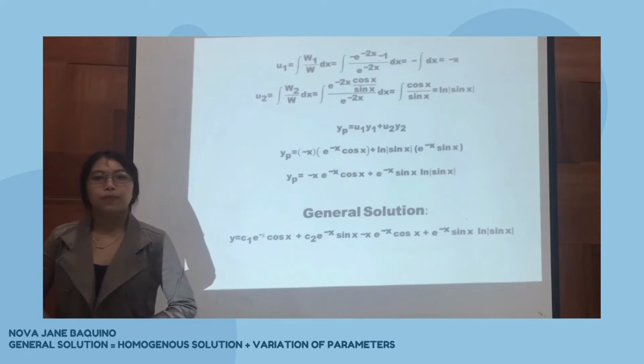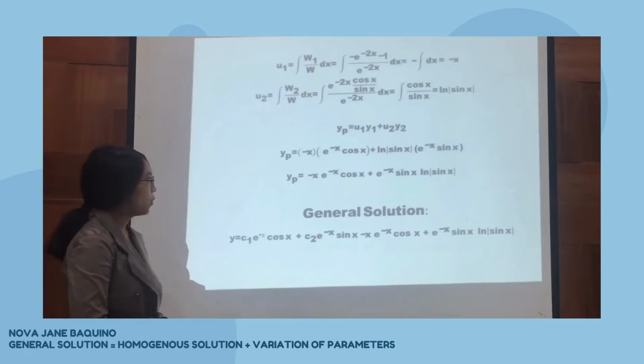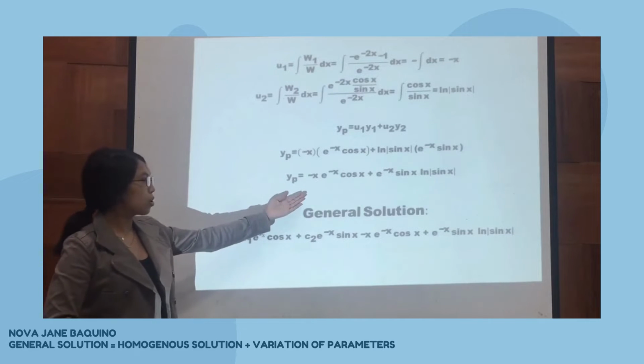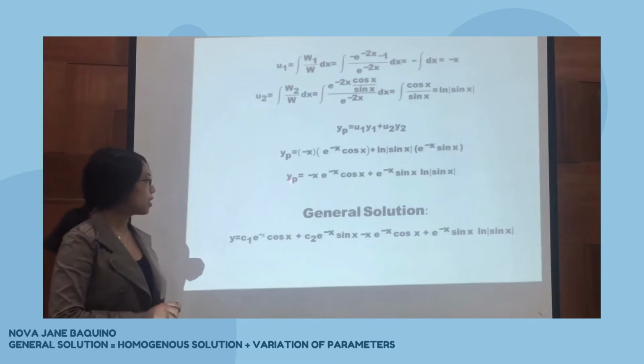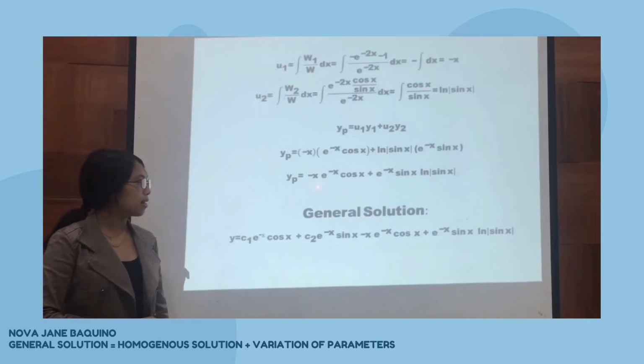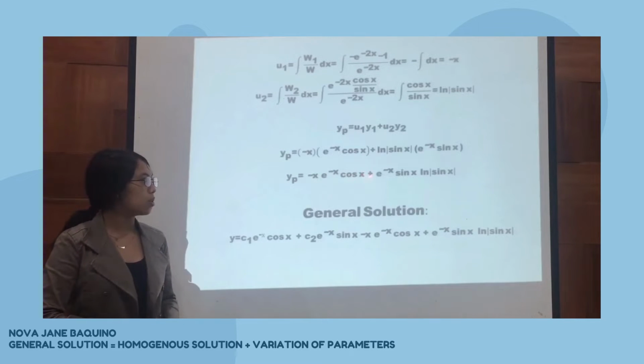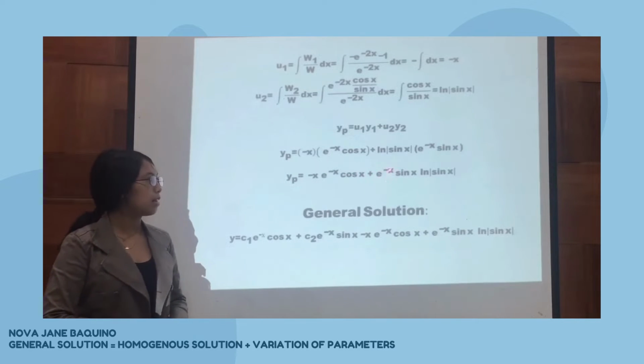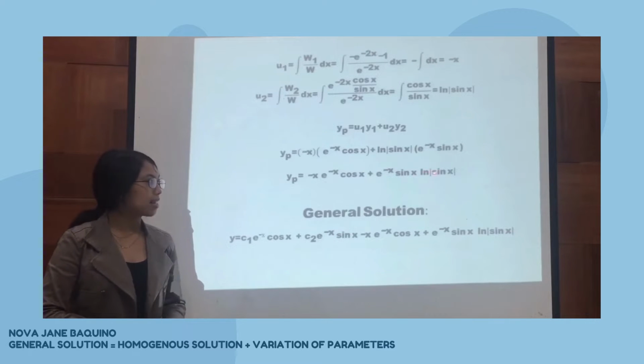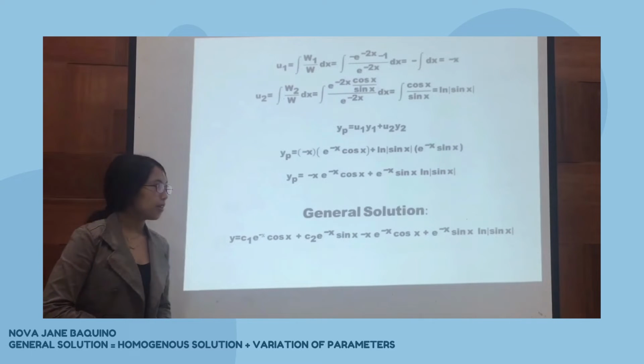So we have the particular solution result: y sub p is equal to negative x e to the negative x cosine x plus e to the negative x sine x ln sine x.